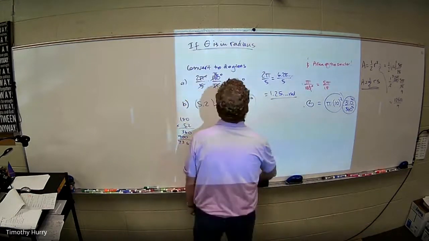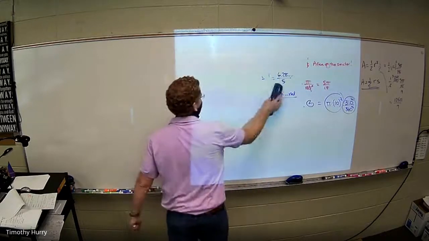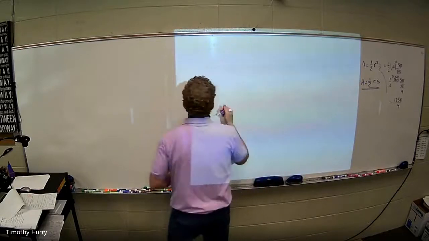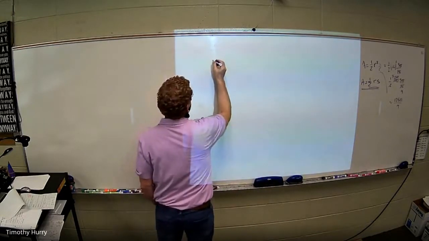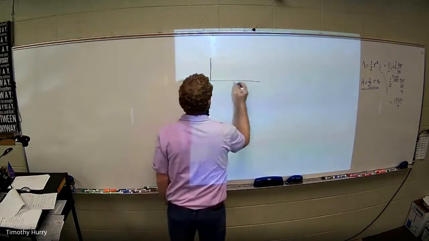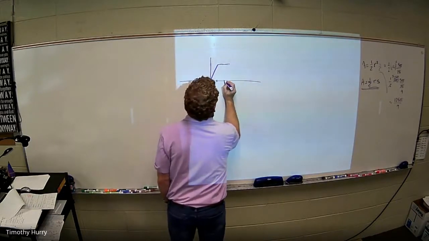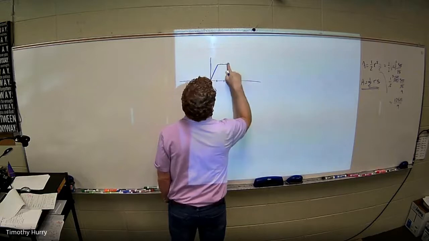So you might be given something like this. Let's just pretend for a moment that I gave you a function and I said one period of the function, I'll label this 1, 2, 3.